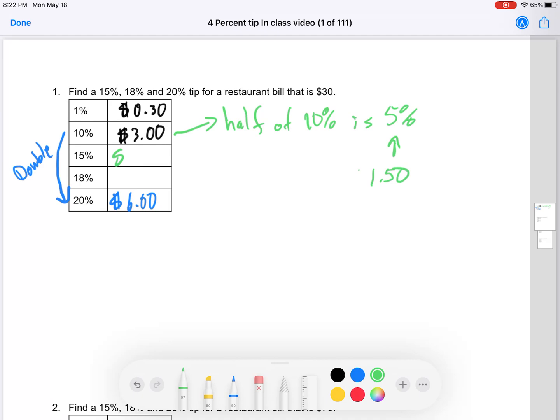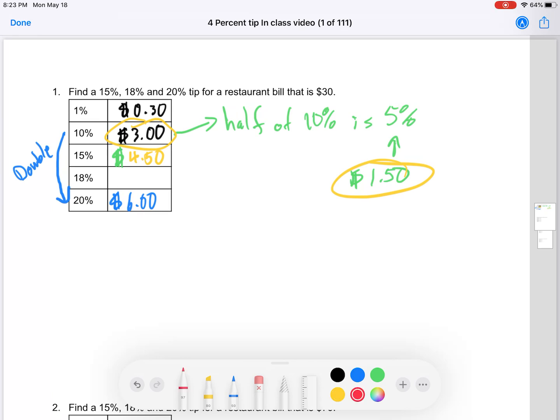Now that's not for 15%, is it? Now we have to combine those two, right? We use this and this to get our 15%. So that's going to be $4.50.